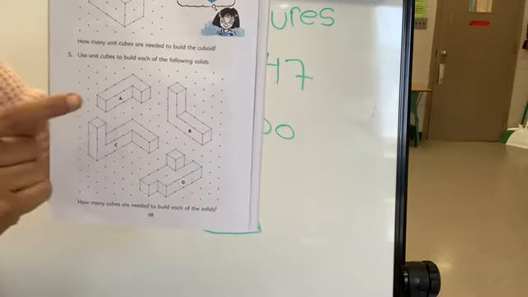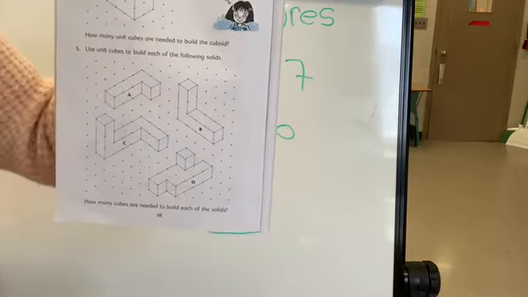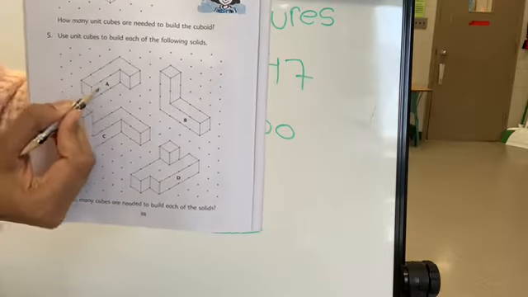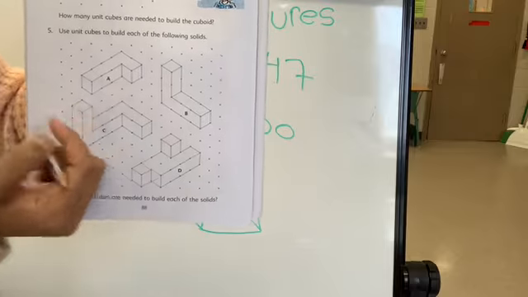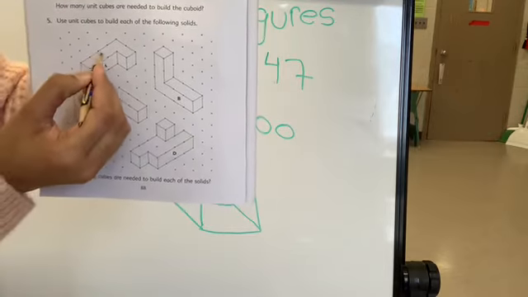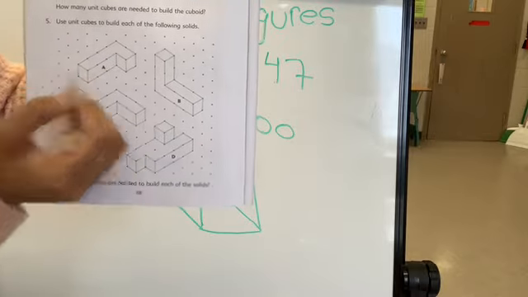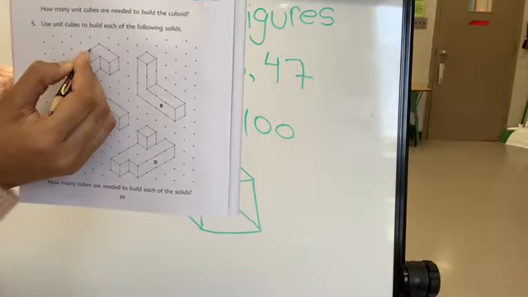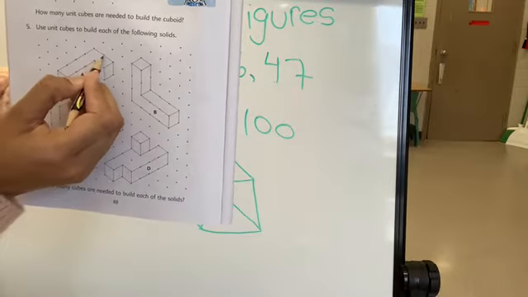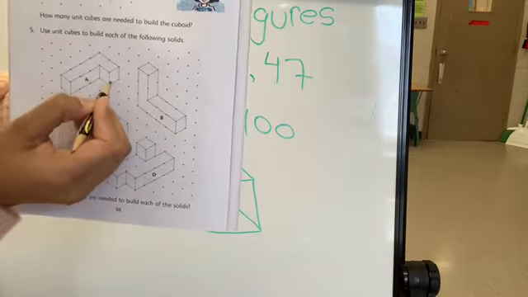For example, if you were to use your pencil gently and draw a line right here and right here, that's 1 cube, right? This, 2 cubes. Then we have 3 cubes, 4 cubes, and 5 cubes.